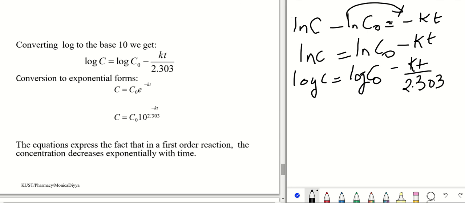So when we are converting this integration equation to a logarithmic scale, log C equals log C naught minus kt by 2.303.